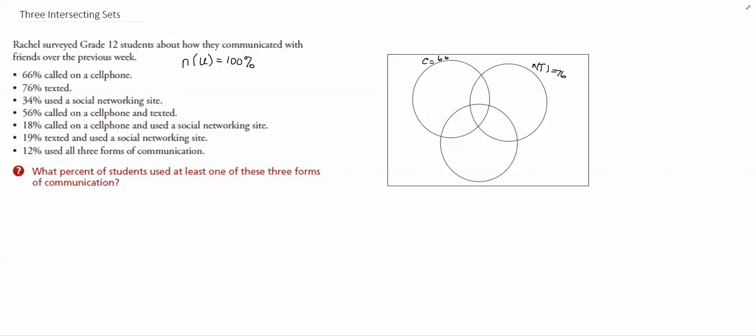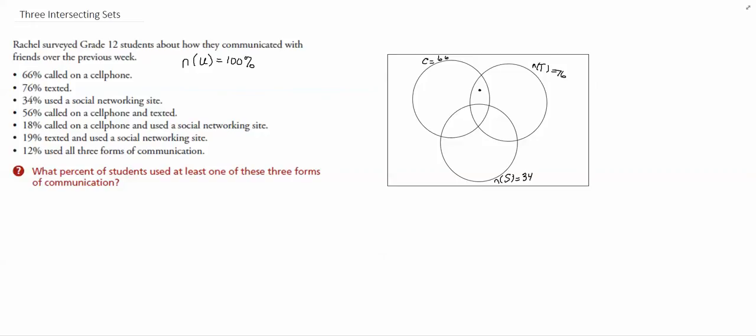And we know that our social networking site has 34% using it. Now, in the section that says called on a cell phone and texted, that's this intersection piece between the cell phone and the texting. And remember, it will include all three.